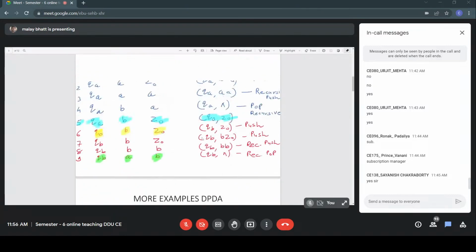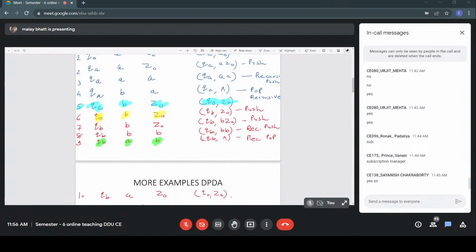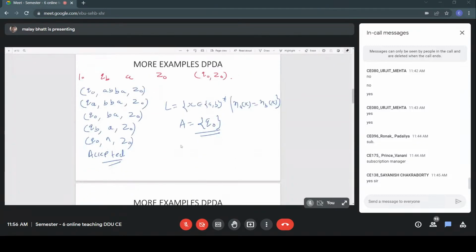So we'll apply rule number 5 and we'll get Q0, B, A and Z0. Now again it is Q0, B, Z0, so we'll apply rule number 6. We'll go to QB state because it is the first B right now, which is more than A. So QB, A is the input and Z0 will be the top of the stack.